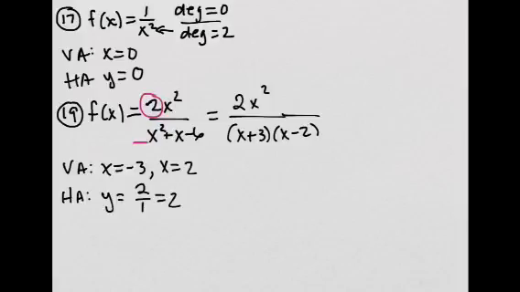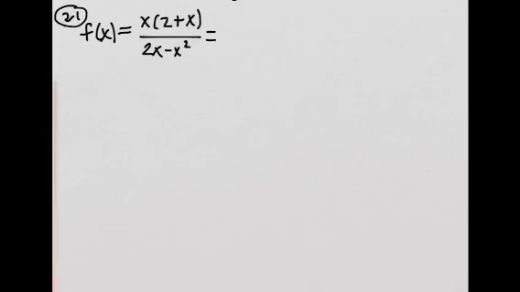So y equals 2. For number 21, they're asking for asymptotes and for any holes in the graph. So first off, we have to factor completely. The numerator was already given in factored form. The denominator I can factor out an x, and then that'll leave me with 2 minus x. So the x and x is a common factor, so that's going to create a hole. What makes that x 0? Well, 0, right?